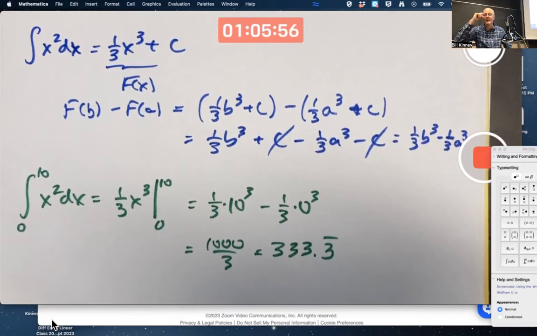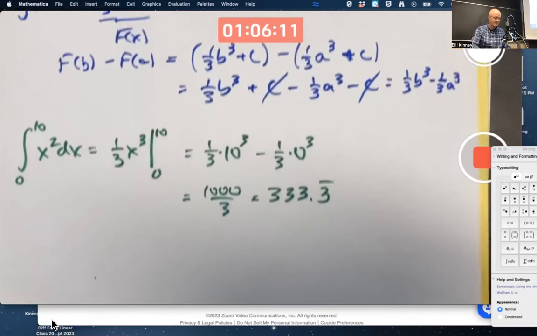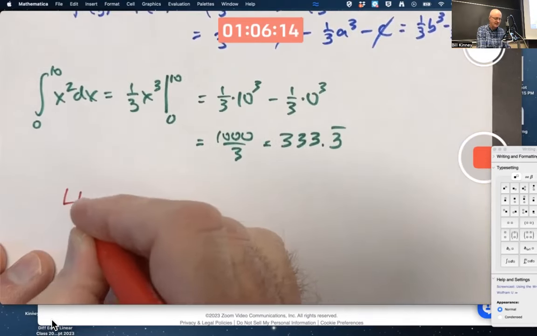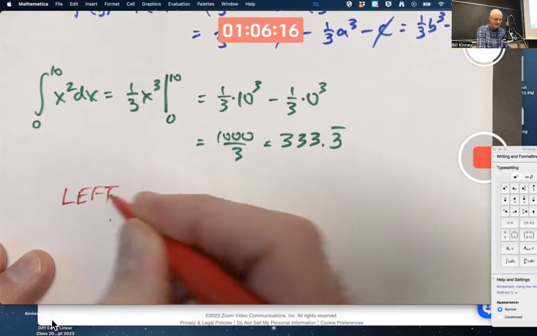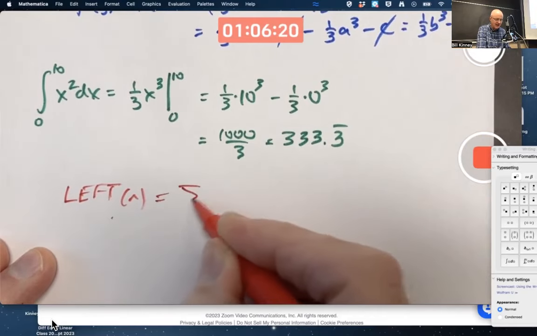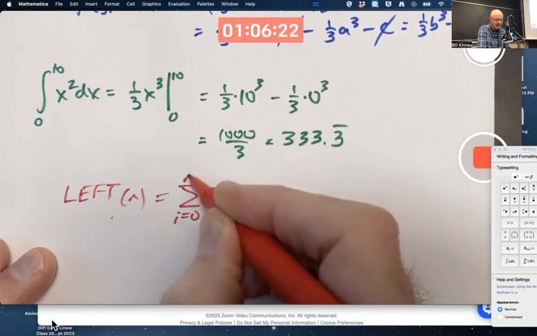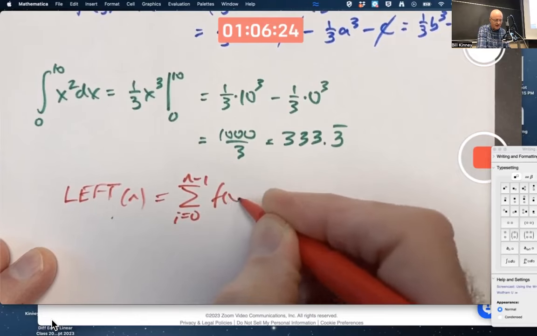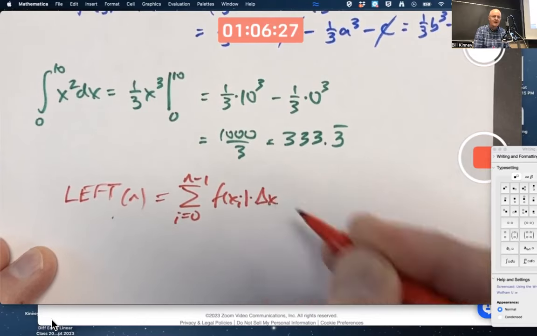Now we're running low on time. Let's talk about some other things here. I could have done all this with a left-hand sum instead of a right-hand sum. I could have used left of n equals the summation, i goes from 0 to n minus 1, of f of xi times delta x.